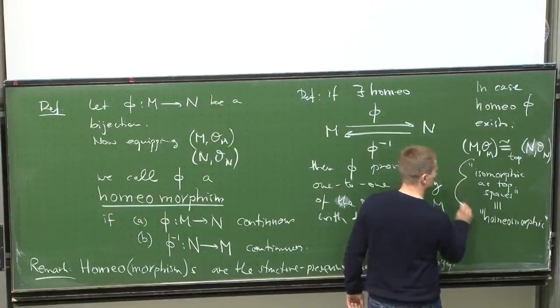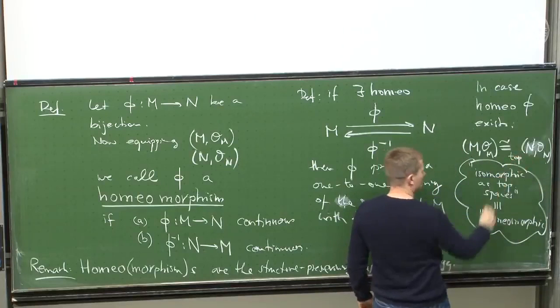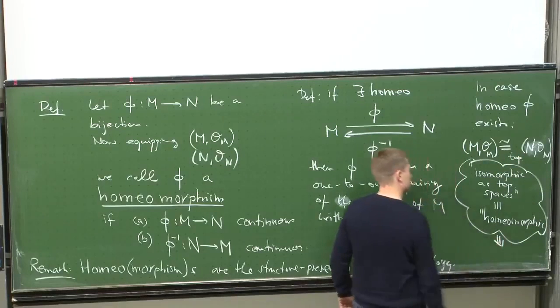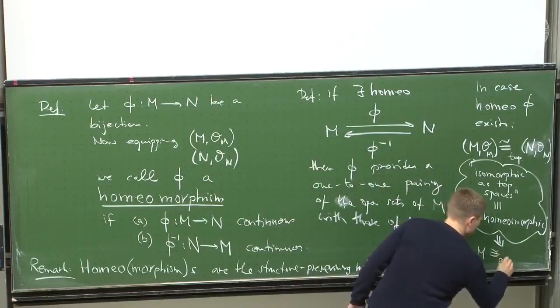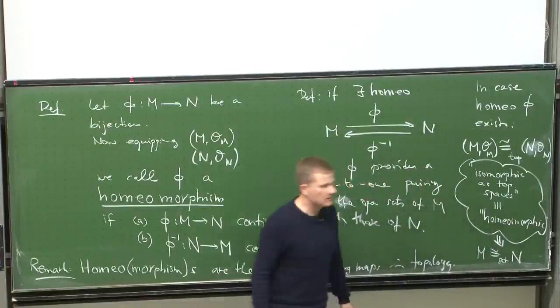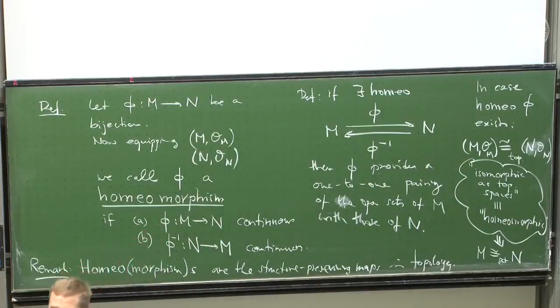Okay? And obviously, topological isomorphism or homeomorphism implies that the underlying sets, set theoretically, are isomorphic. That means you can have two sets that are isomorphic, but then you equip them with topologies, and as topological spaces, they become non-isomorphic topologically. We could say topologically that they'll be different.